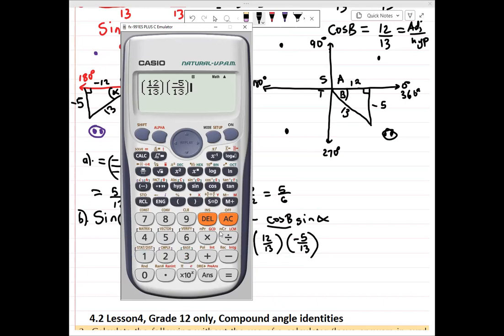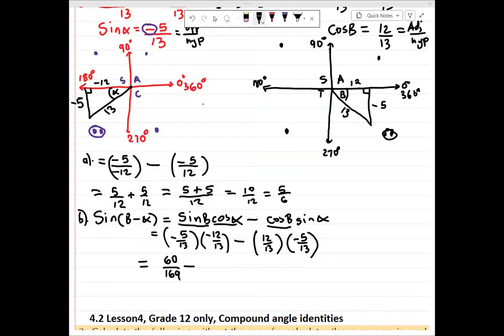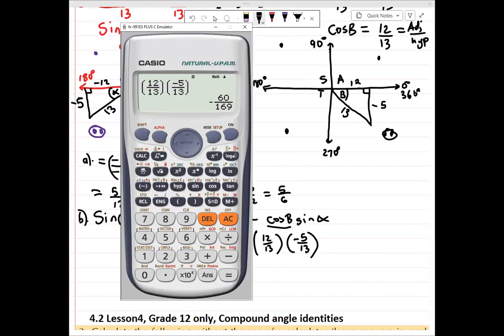And then we close, which gives us negative 60 over 169. I mean, why did I say 69? Let's check. It's 169. Okay.